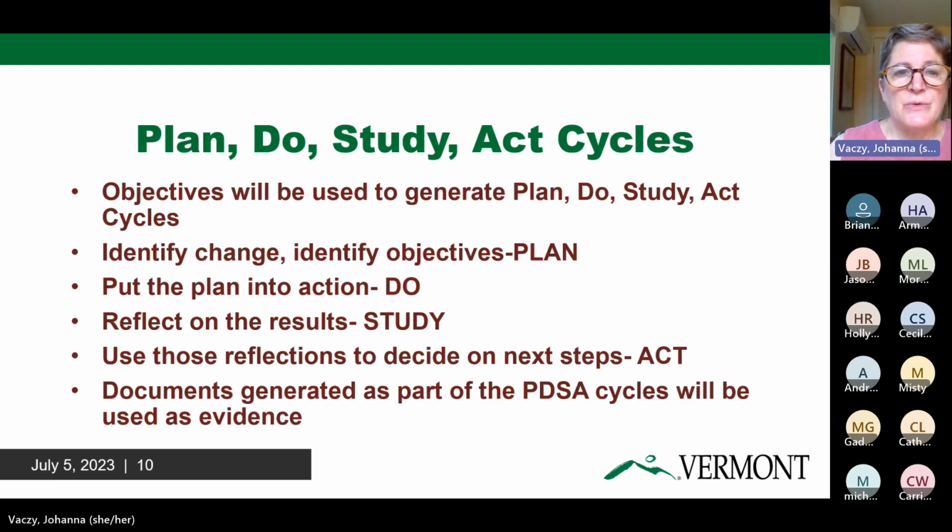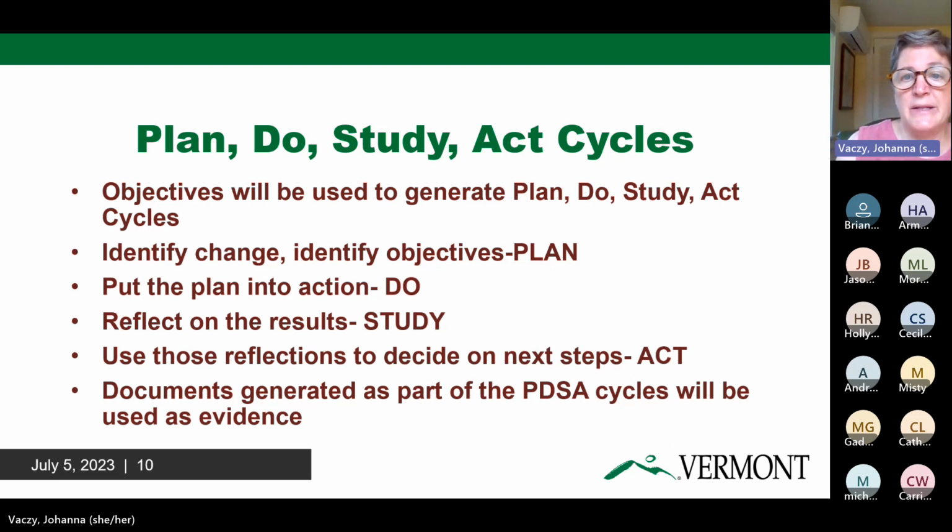So the plan, do, study, act cycles, I'm going to show you a picture of what this looks like next. But to do the plan, do, study, act cycles, you use objectives, first of all, that you've created based on your broader goals for your CQI plan.